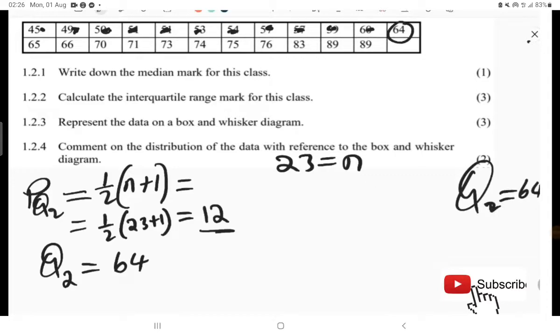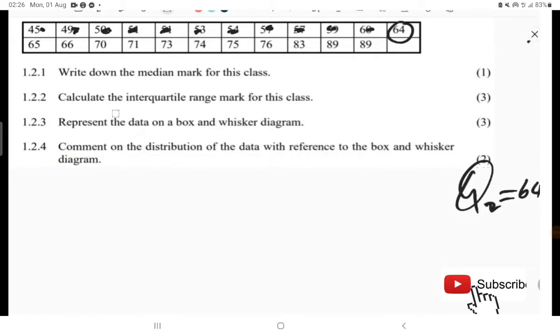Then, moving forward to the next question. The next question says, calculate the interquartile range of the data. How do we go about doing that?